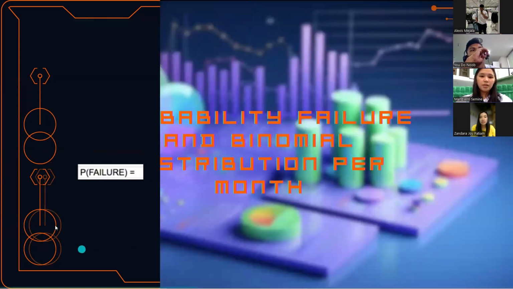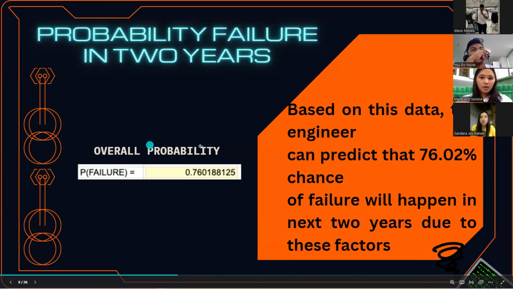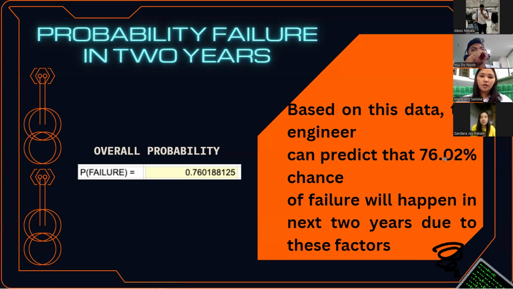So what does this mean? This means that by using this historical data, there is a 76.2% probability that a high failure rate will occur over the next 2 years.